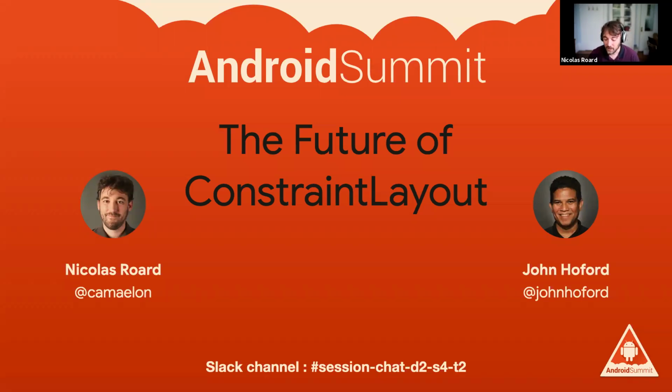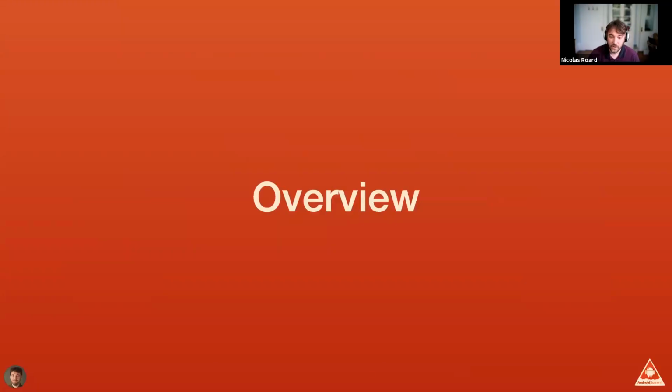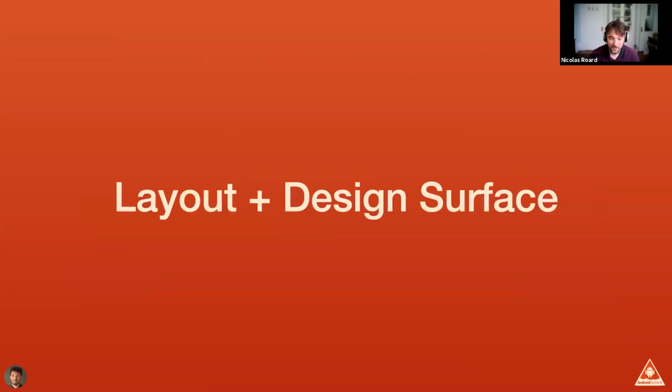All right, so let me talk a little bit about constraint layout. I suspect most of you already know quite a lot about it, but just to remind people, essentially this was a layout manager along with the tools. We always created that tool in coordination with the design tools in Android Studio, and each one kind of fed the other.